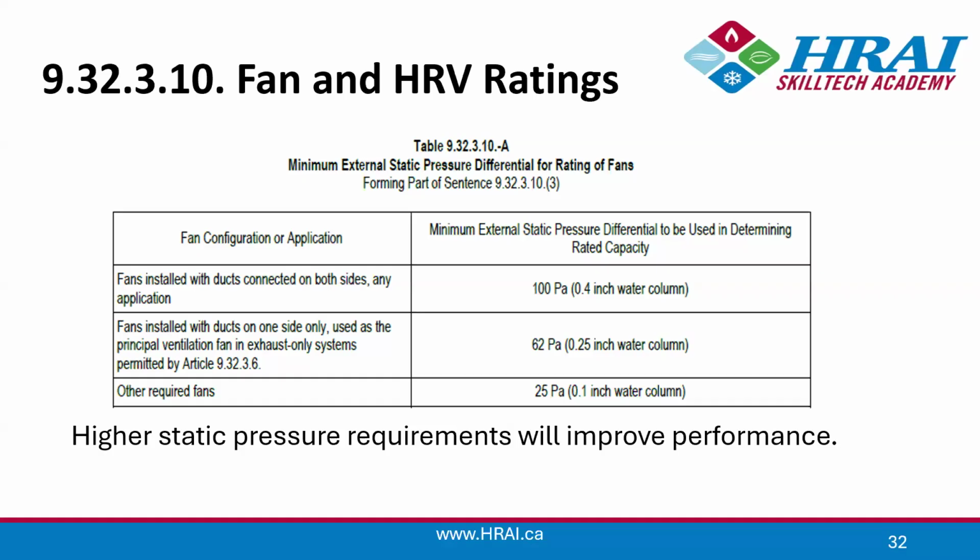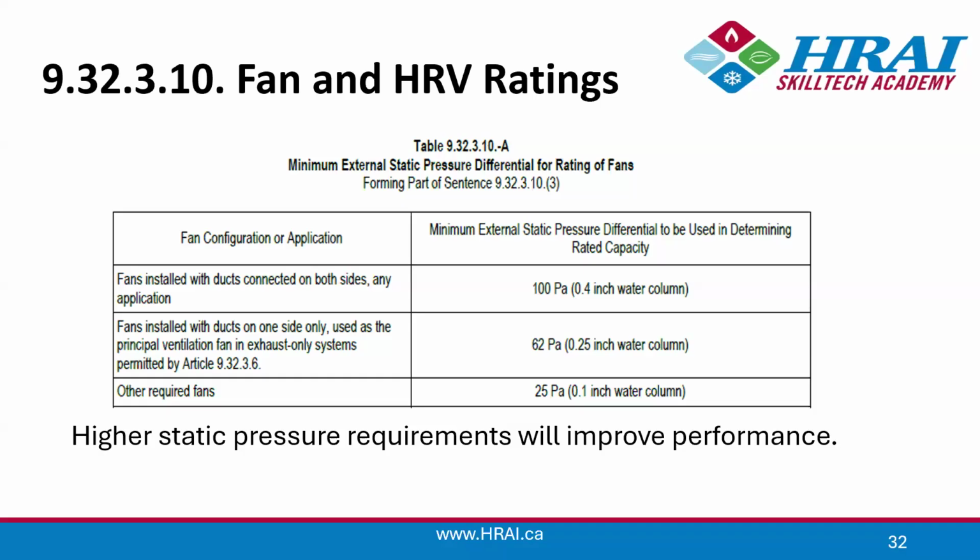If they are fans that are installed with ducts on one side only, such as a bathroom fan used as a principal ventilation fan, we're looking at 0.25 inches of water column. For all other fans, your range hoods and supplemental bathroom fans, 0.1.